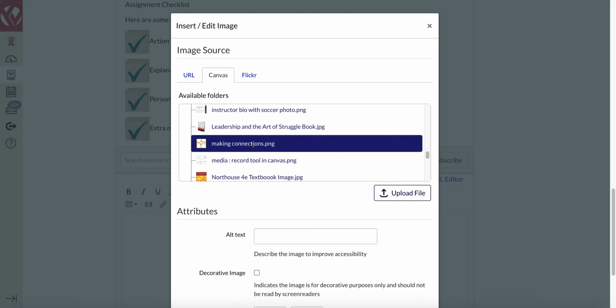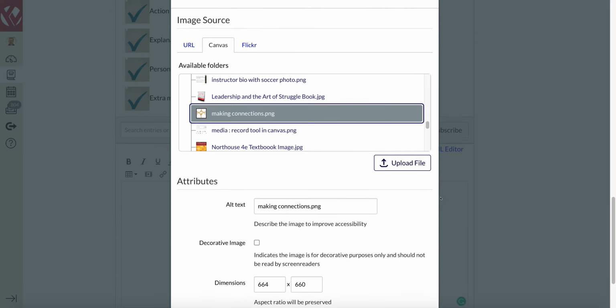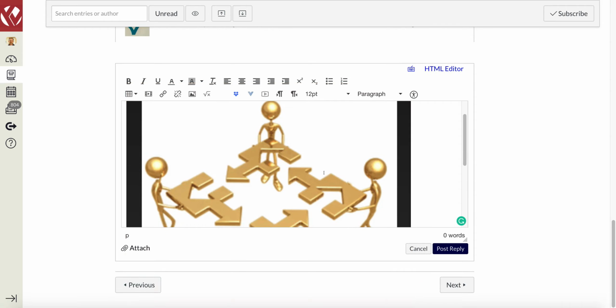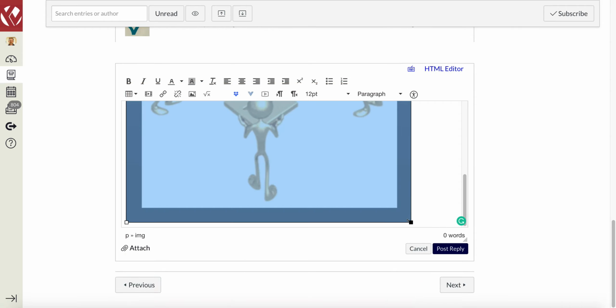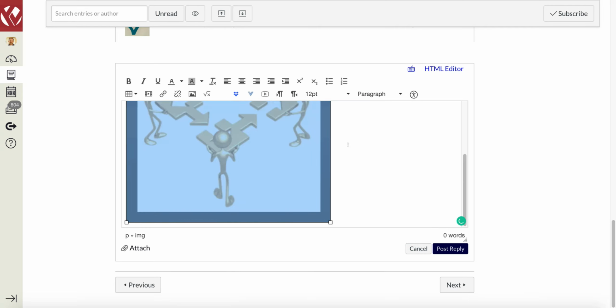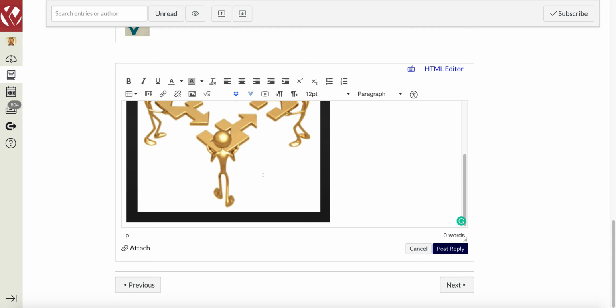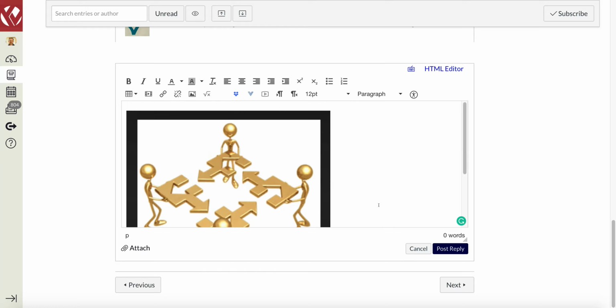Okay, here's a fun one that I picked out recently. So I could click on that and then go to update. And here you can see this is kind of giant, so I'm gonna make it a little smaller. And here's the deal. It's important to me that your images are embedded, that they're not links, because most people are not going to take the time to go through and actually open all of your links.